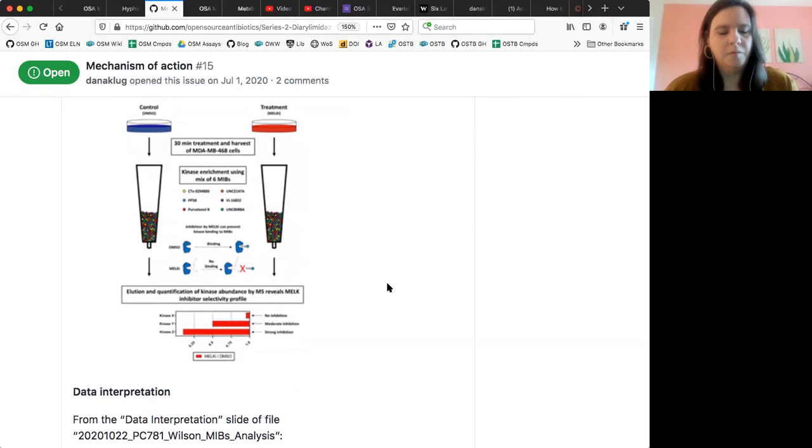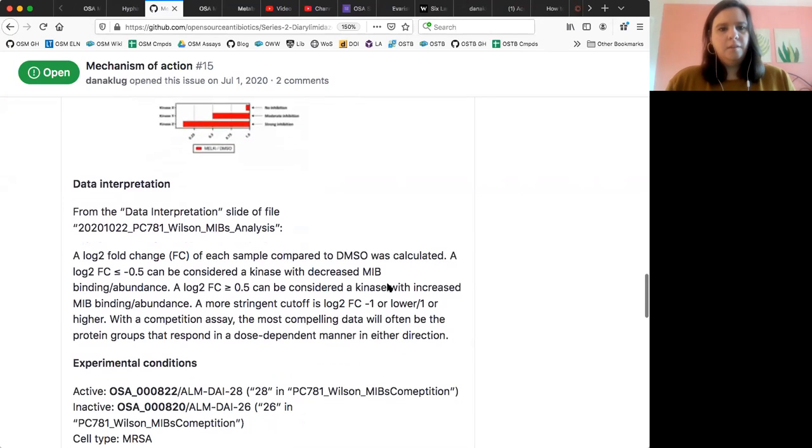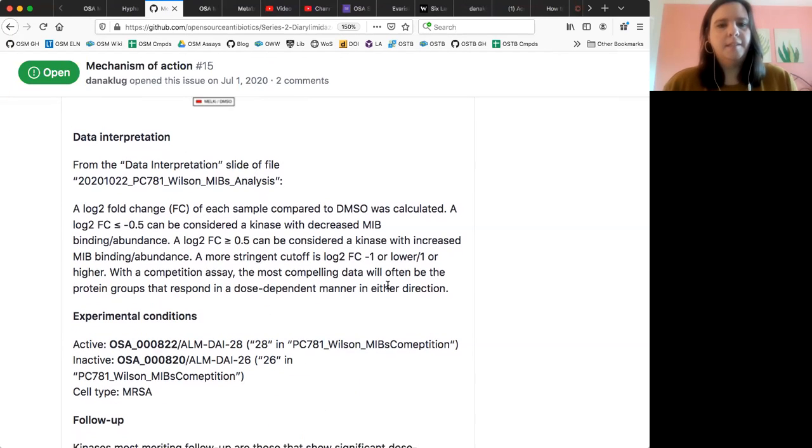So that's the most straightforward way to interpret the results, I think. And then the data that they sent us was basically a list of proteins. I'm not sure whether they're all kinases or not. But anyway, they've calculated this log2 fold change, so it's relative to DMSO for the active compound and the inactive one.